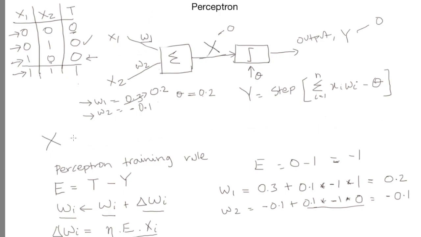inputs are both 1. So 1 times the new W1 plus X2 times W2, we get 0.1, and here it is less than the threshold, and therefore the neuron produces an output of 0, which unfortunately is not the target output, and so here the error is going to be +1.